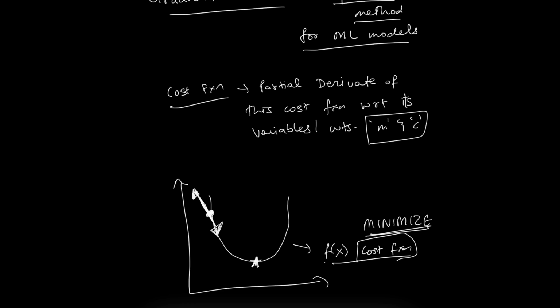Just gonna mark it with orange because this is our optimal point. We want to reach here. Initially, we start with a point which is here, and when we calculate the gradient descent at this point, it will give us something that goes down in this direction.